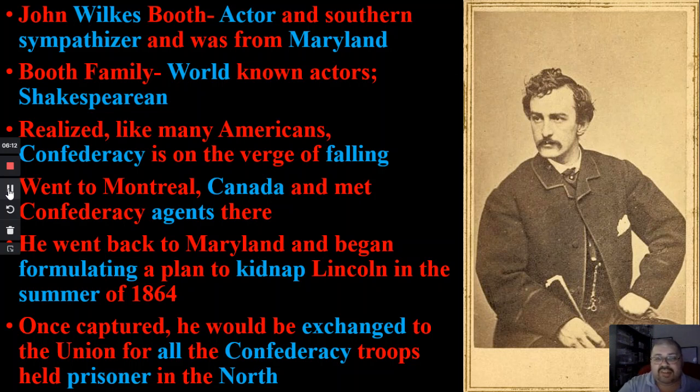And then the North said, well, if you do that, we're not going to give you any of your soldiers back. So remember, they had the prisoner exchange. Here's this captain, we'll trade him for a bunch of lieutenants and things like that. So they had this exchange, but once the black soldiers came in, the exchange stopped.